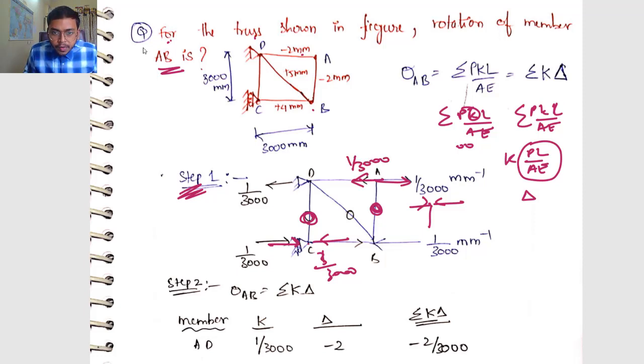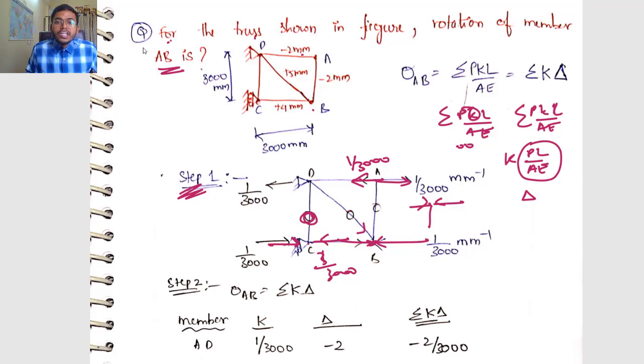Now see this member, this is a zero force member, so I am removing it, no need of it. Two forces are meeting and the third force is making an angle, and again no load is acting, so two forces are collinear and the third force is making some angle, so obviously this is also a zero force member.